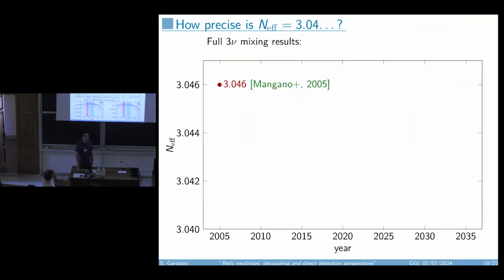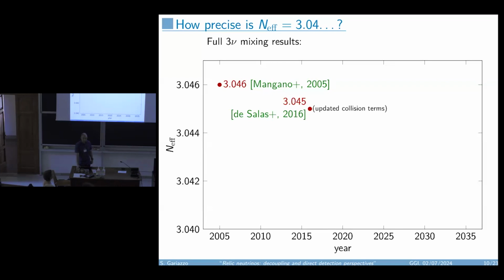If you followed a little bit, or if you are accustomed to the literature, you probably remember a different number. So this 3.046 was the first 3-neutrino calculation to take into account the neutrino oscillation pattern completely. This was 2005, and Sergio was involved in this paper.